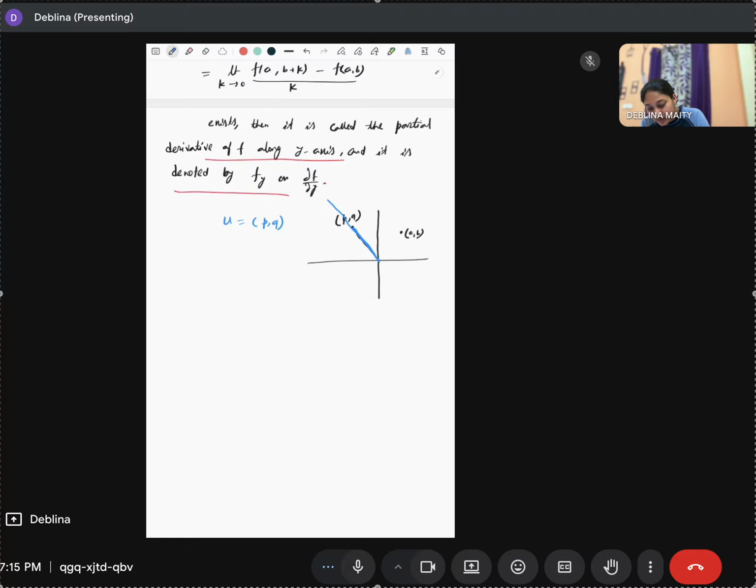Now if we draw a line parallel to PQ, we are approaching AB along this line parallel to PQ.